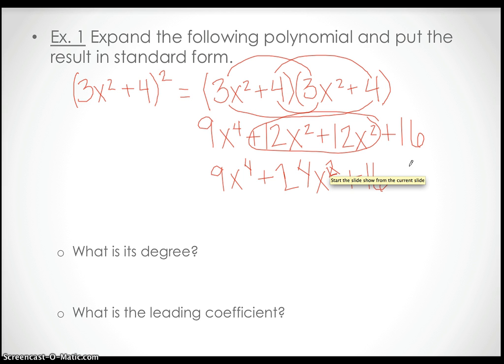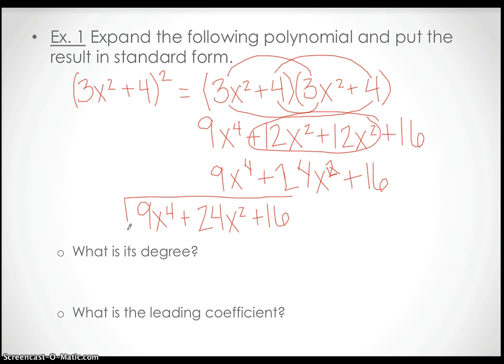It says to put it in standard form. We kind of already are in standard form, but let me just clean this up. 9x to the 4th power plus 24x squared plus 16. So that is actually our answer for expanding the polynomial.